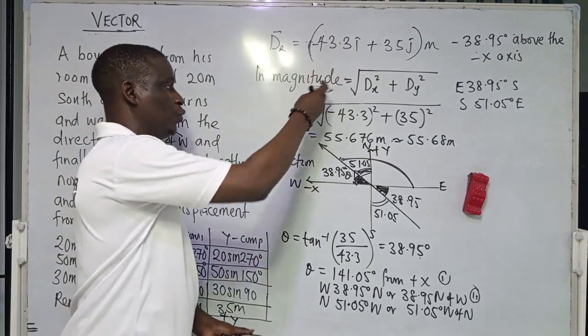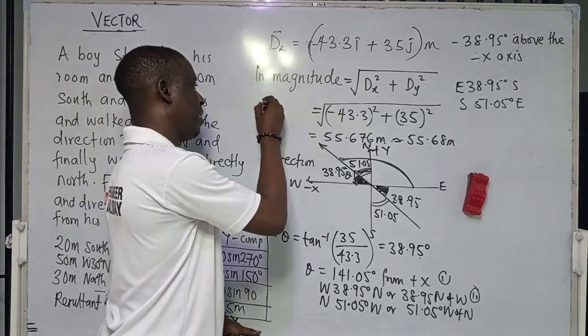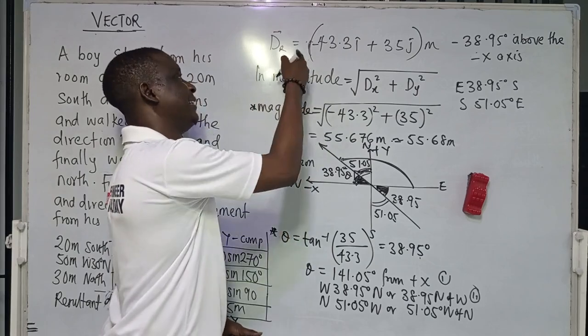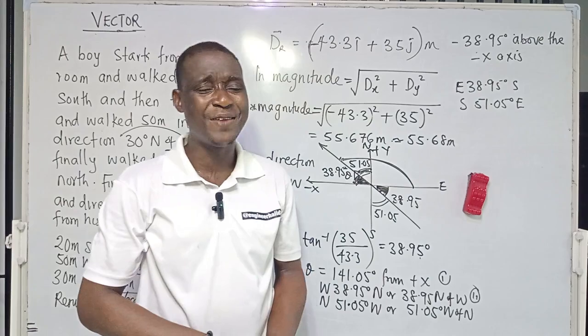Then from there we find the magnitude and the direction. This is the direction and this is the magnitude. So all this you can get, and if you want to leave the resultant in vector form, this is the answer in vector form. So all this is very clear.